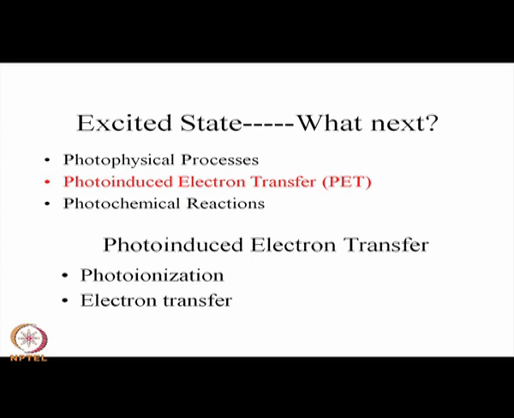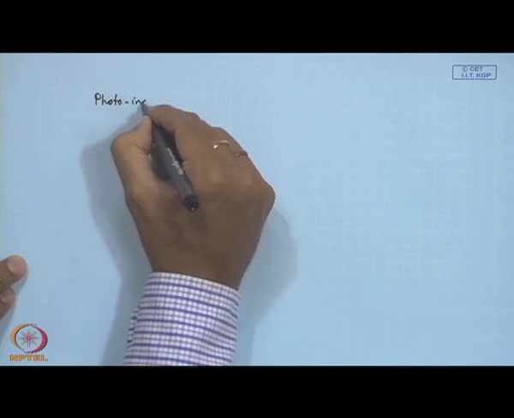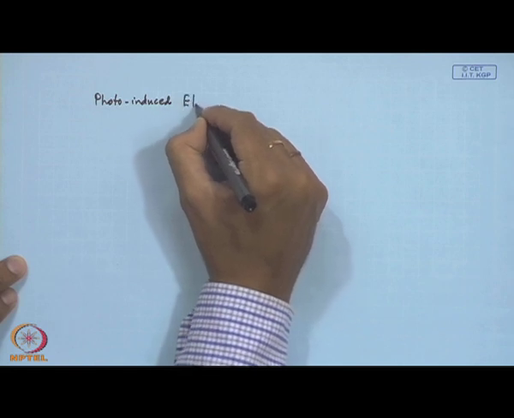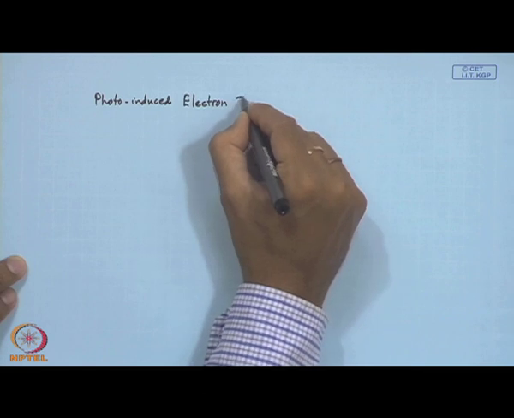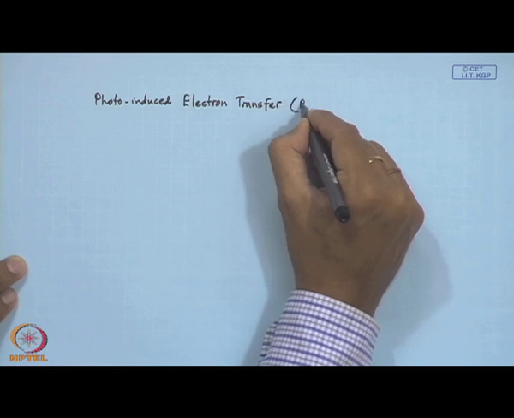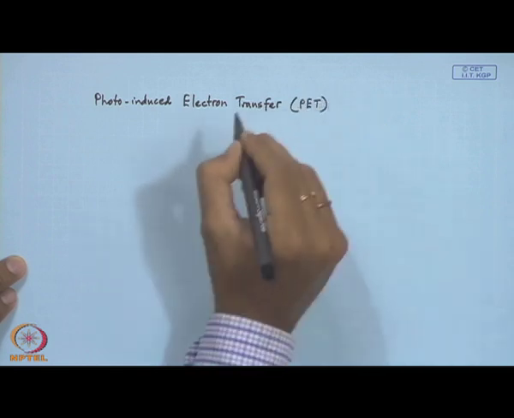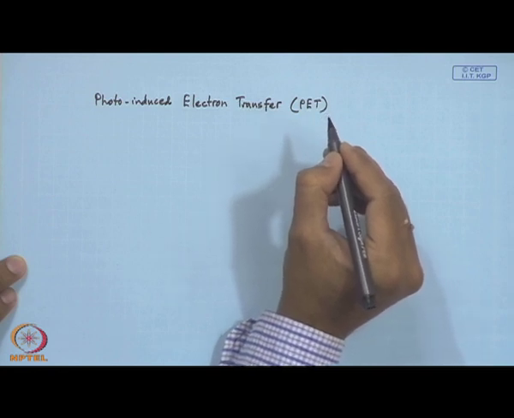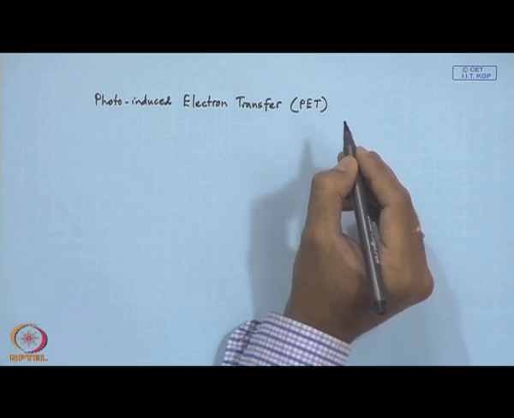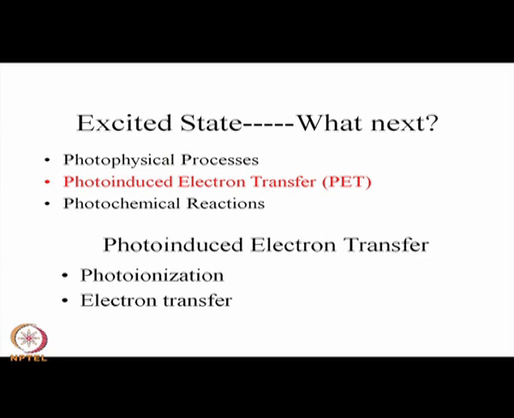This is PET. So, under this heading of photo-induced electron transfer, there can be photoionization, or there can be other things like electron transfer. So, let us come one after another.